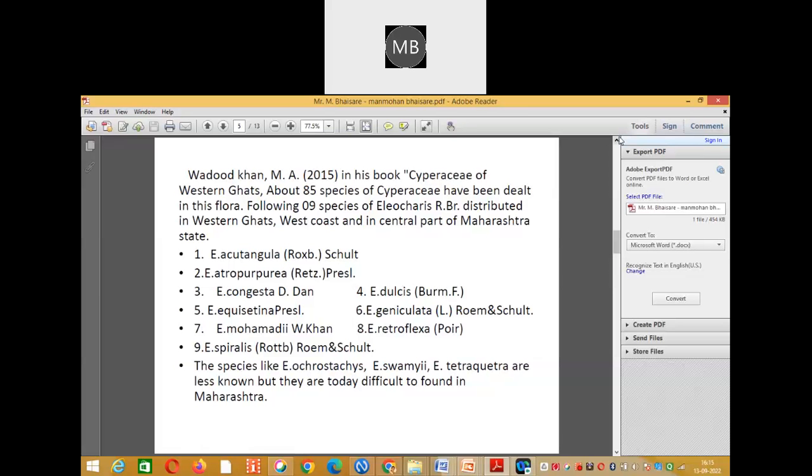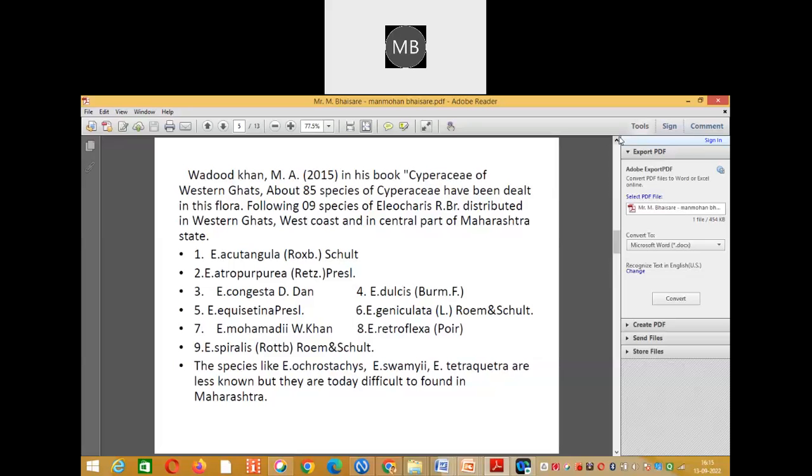Wajid Khan M.A. in 2015, in his book Cyperaceae of Western Ghats, dealt with about 85 species of Cyperaceae in this flora. The following nine species of Eleocharis are distributed in the Western Ghats, West Coast, and central part of Maharashtra state.